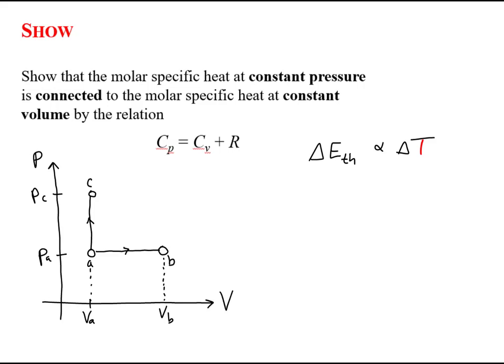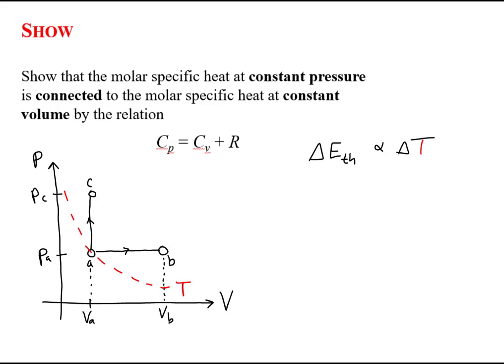So for this, let's look at a change of temperature by illustrating two isotherms in our PV diagram. One isotherm, let's have that going through our state A. We will call the temperature of this isotherm T of A.